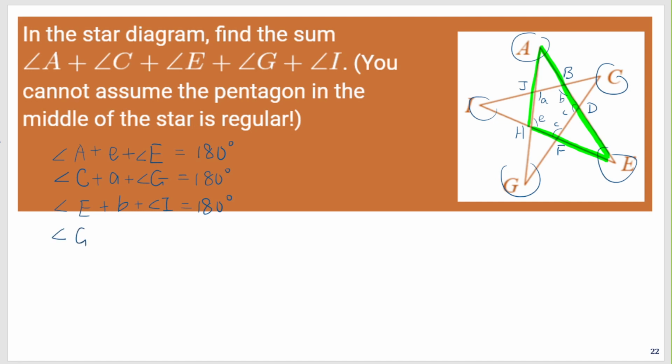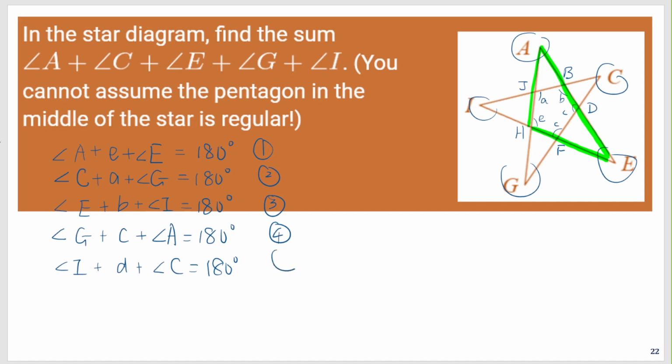And angle G plus C plus angle A equals 180 degrees. And angle I plus D plus angle C is also 180 degrees. So if we could sum up all the 5 equations, then we could see that there is a sum of 5 angles, right?